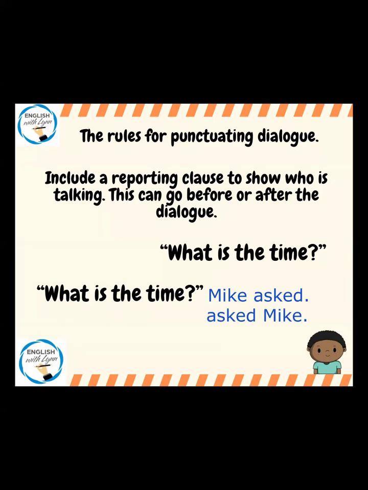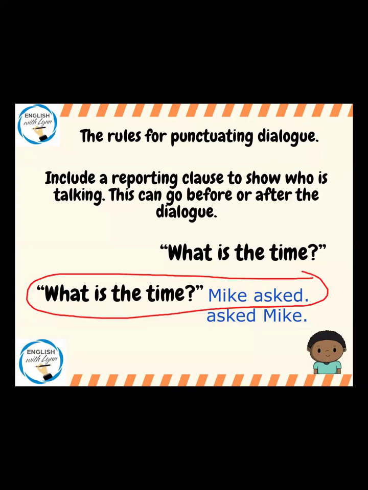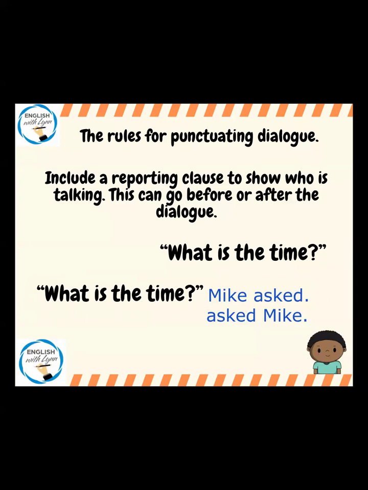That is because in terms of grammar, all of this is classed as one sentence, and you don't need a capital letter in the middle of a sentence unless you have someone's name. So if you say Mike asked, it would need to be capitalized, okay? Now, in the first sentence, if I want the reporting clause before what is spoken, I couldn't say asked Mike what is the time, because that doesn't make sense.